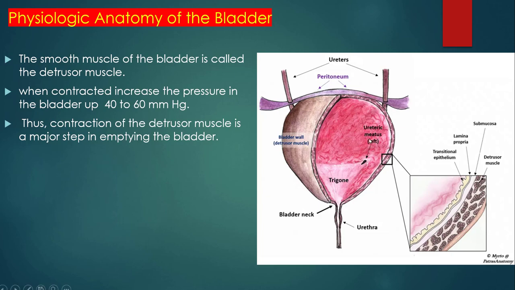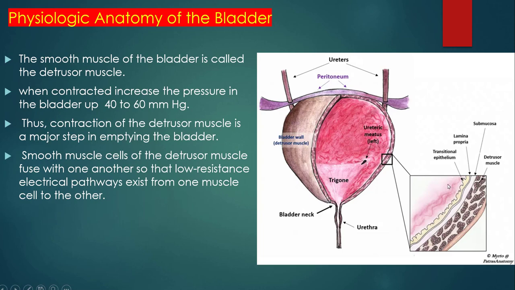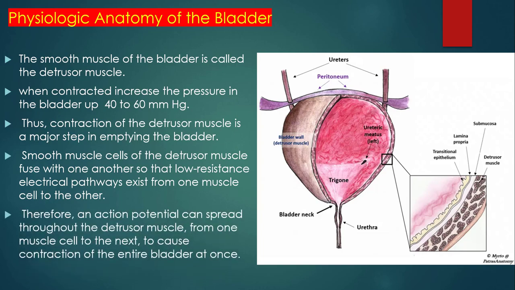Detrusor muscle fibers fuse with one another. An electrical pathway exists from one muscle cell to the other. As we know, in smooth muscle we have gap junctions, and here also this muscle is made of smooth muscle, the detrusor muscle. They have loose connections between each other, and the electric potential passes easily from one muscle fiber to the other through these gap junctions.